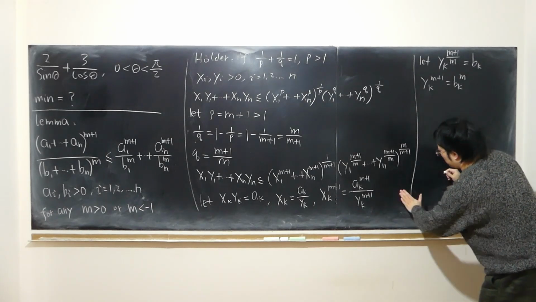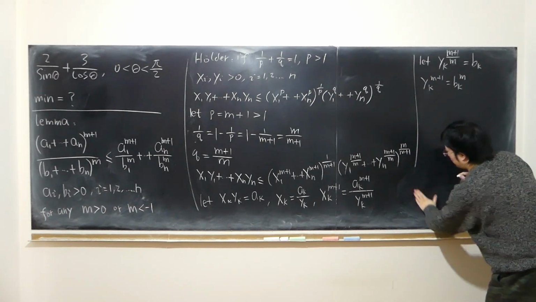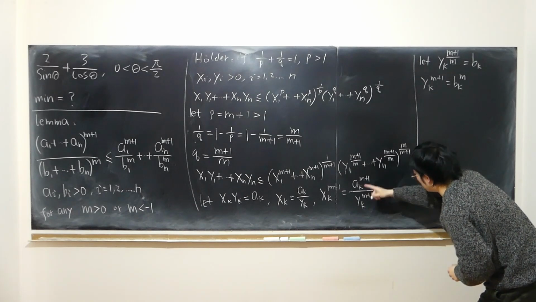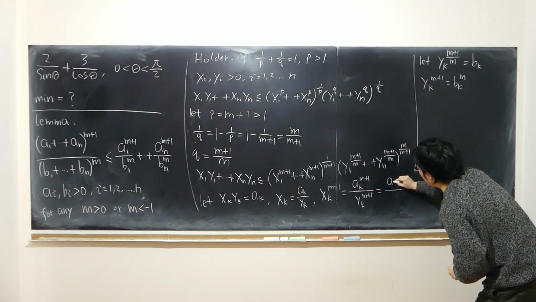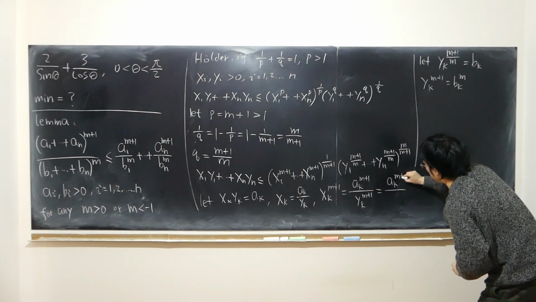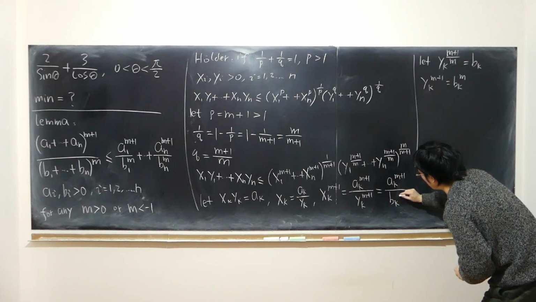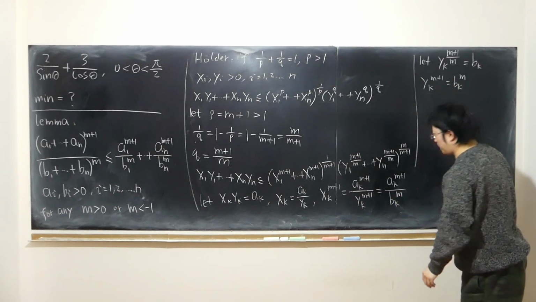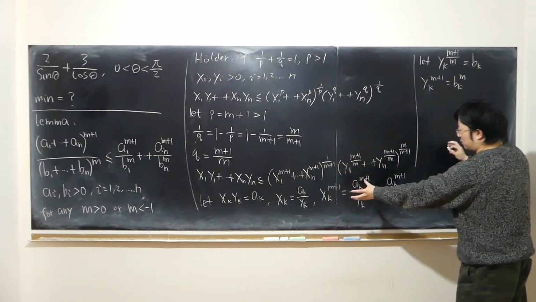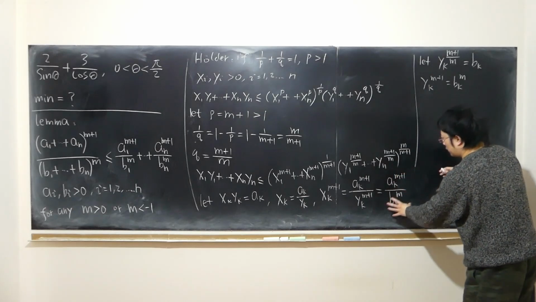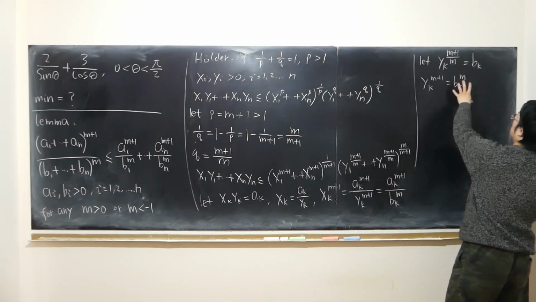So now, all of a sudden, I can rewrite this into ak to the m plus 1 over bk to the m. Now there's no more x's and y's, there's only a's and b's.